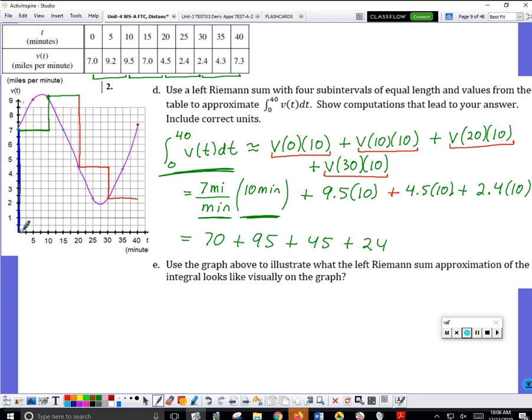Look, 7 is just that length. 10 is not really this number. 10 is really this length here. So 7 times 10 is this area. Question? Do you see it?